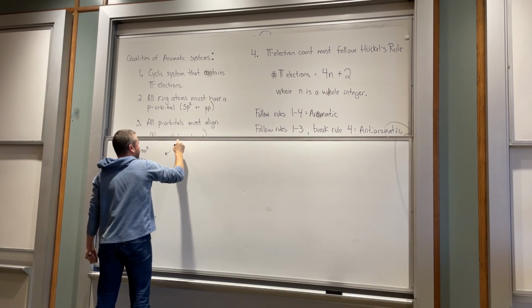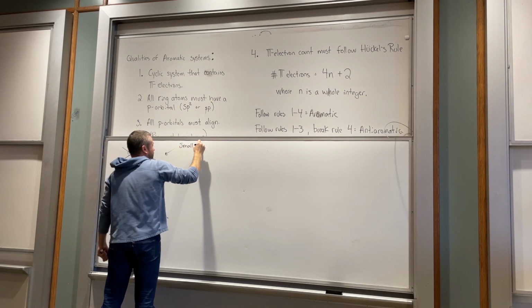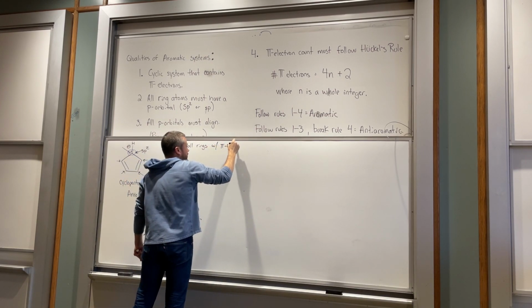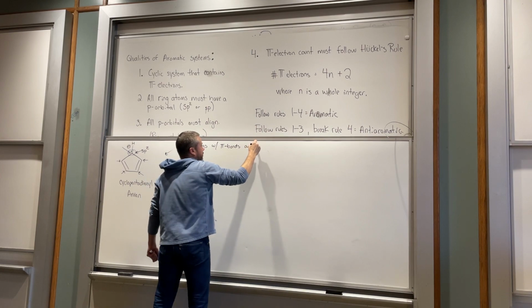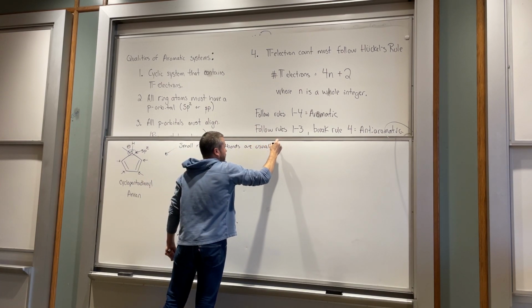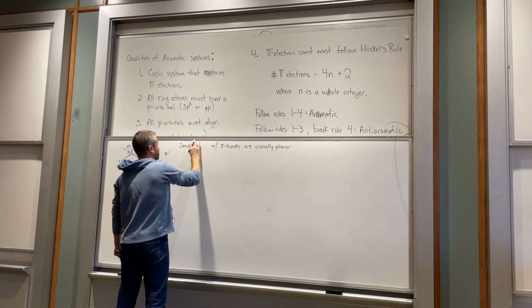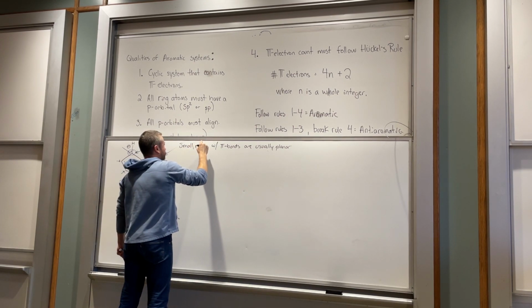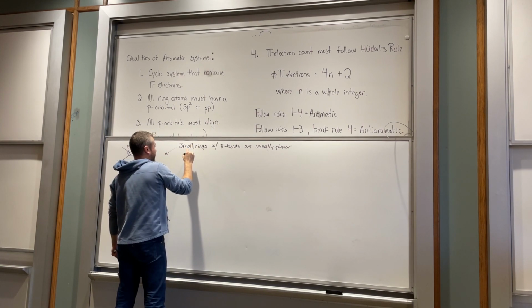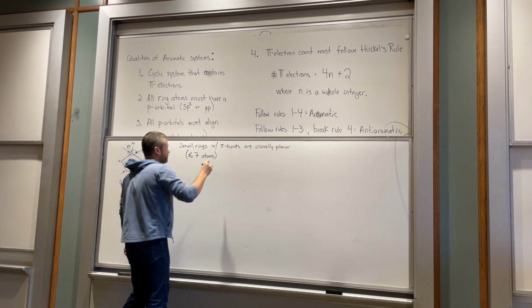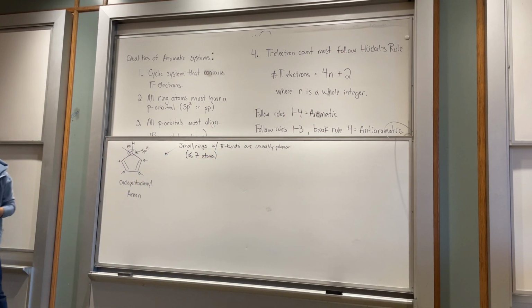The other thing is small rings with pi bonds are usually planar. And we'll say small rings meaning less than or equal to 7 atoms. Anything above that, they can bend out of plane if they want to. All right, so we'll say that this is planar.